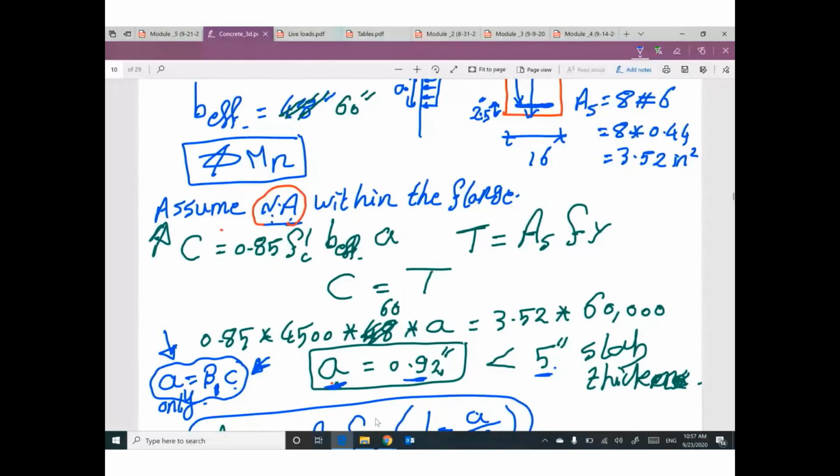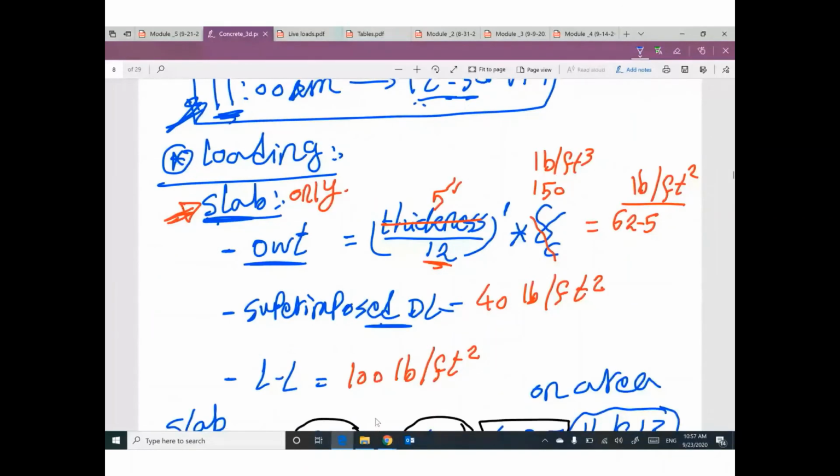I started first, Roberto, with loading with the slab. For your slab, we have 3 loads. You need to figure them out: own weight of the slab, superimposed dead load, which is given, and the live load based on the function of the building.